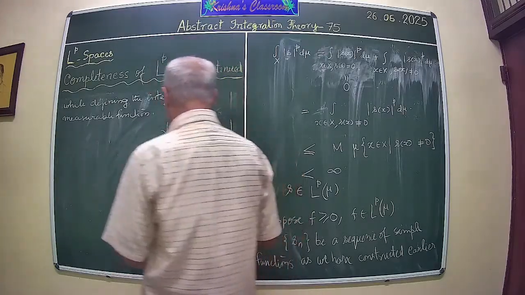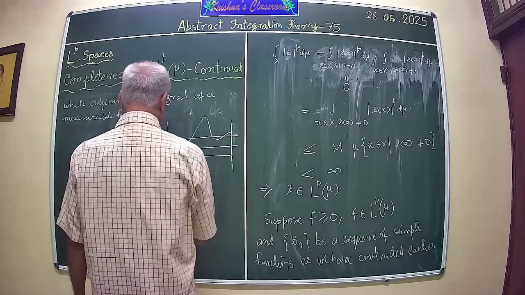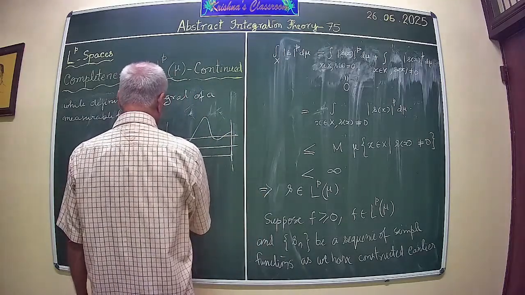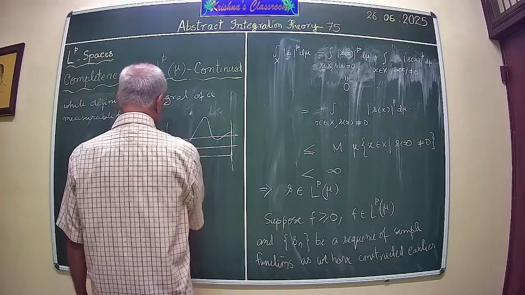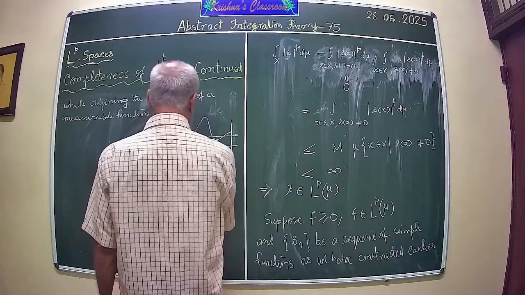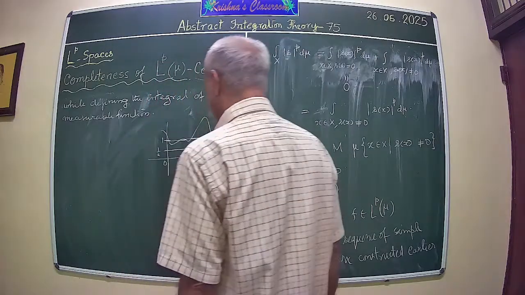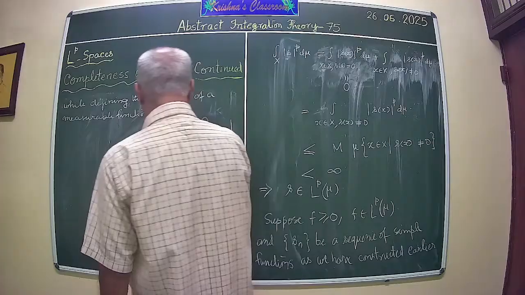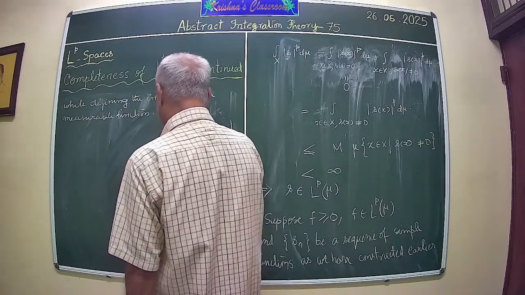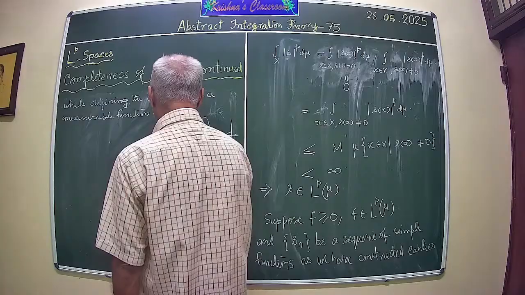So we could essentially build a function in the following form. Here on this set where it exceeds 1, we define the function to be 1. Where it exceeds half but lies below 1, we define the function to be half.